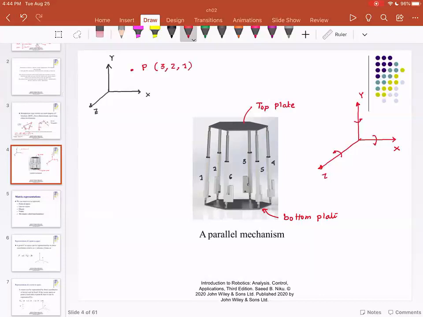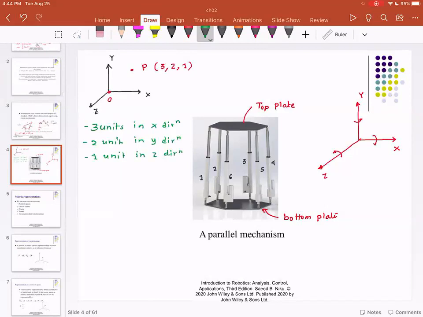What does this tell me? This tells me if I'm at the origin O, and I want to go to point P, I need to travel 3 units in x direction, 2 units in y direction, and 1 unit in z direction.